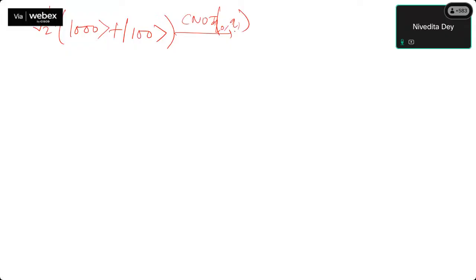with Q0, Q1, it will look like this: this is Q0, this is Q1. So 000 will be as it is, plus this is 110.